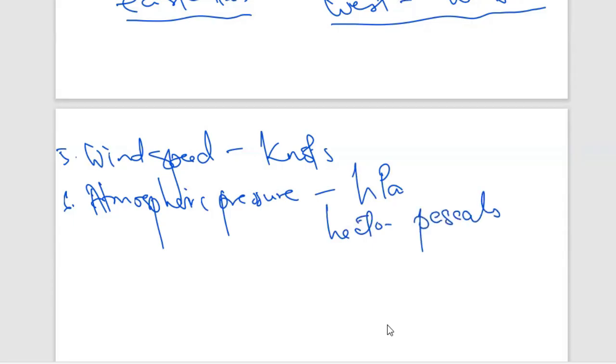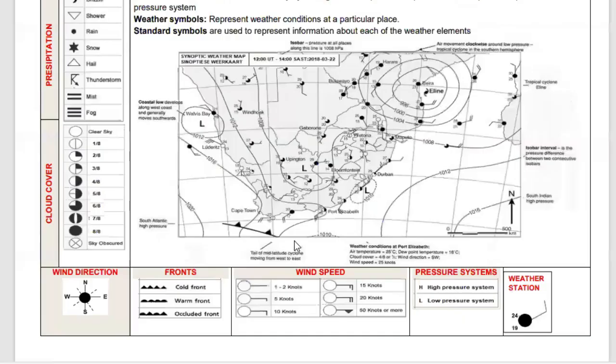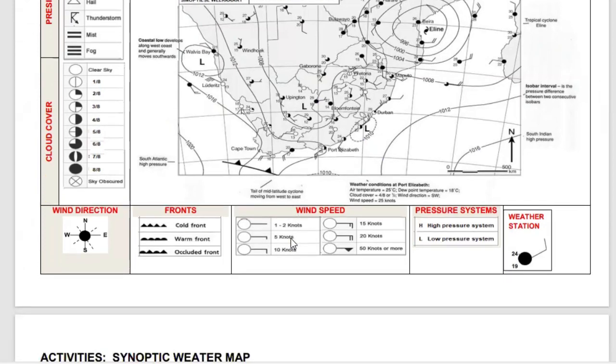Those are the units of pressure which are used when you're summarizing atmospheric pressure on the synoptic maps. Right, that is just a highlight of what happens with the synoptic weather map.